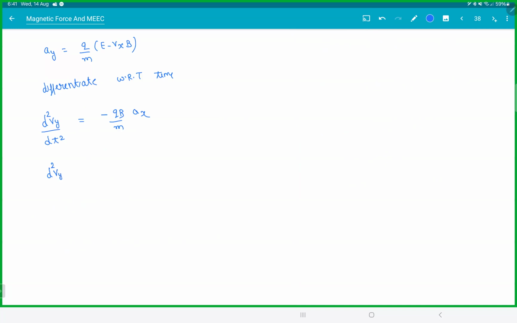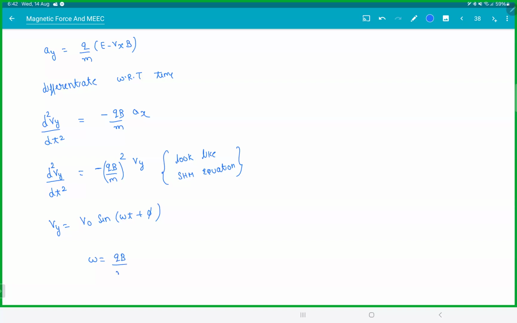So d square Vy by dt square would be minus qB by m whole square into Vy. Now this looks like an SHM, isn't it? The solution for this is Vy equals V naught sine omega t plus phi, where omega is given by qB by m. Great, I know omega.